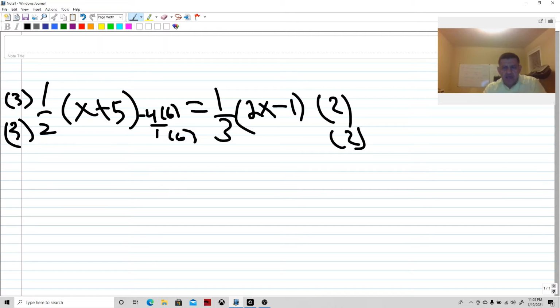Now, in this case, if I simplify this, the top is going to be 3, and the bottom, actually, it's going to be 3x. So it's going to be 3x plus 15 equal to 24.